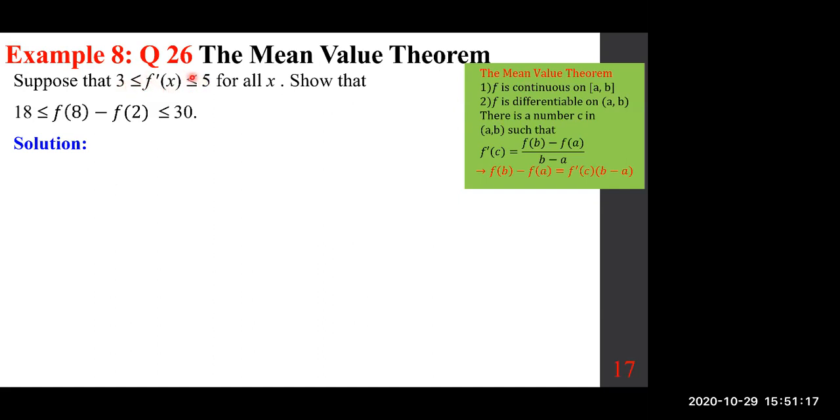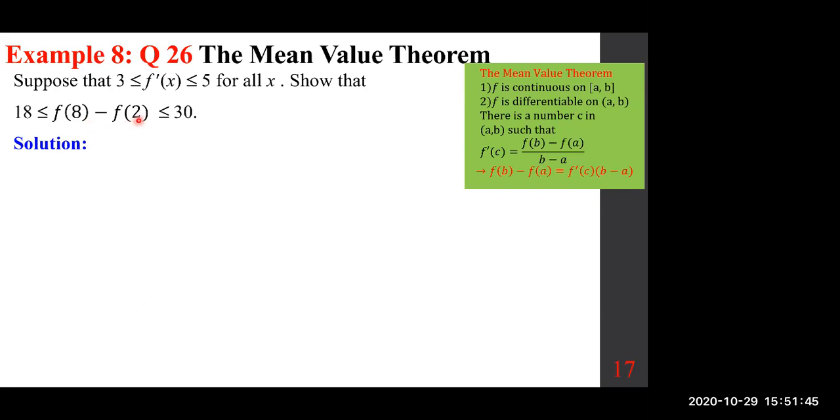That means f prime is always there, and the numerical value is between 3 and 5. So this statement tells us f prime does exist. So if a function is differentiable, then it must be continuous. In fact, it says the derivative is always between 3 and 5 in the entire domain. We may not know what the entire domain is, but it works from 2 to 8.